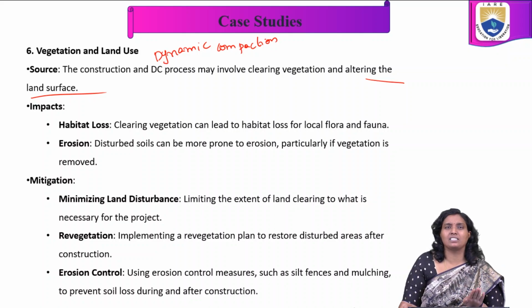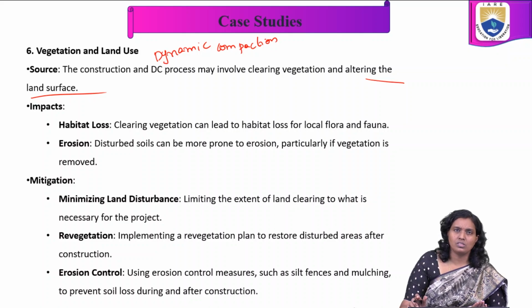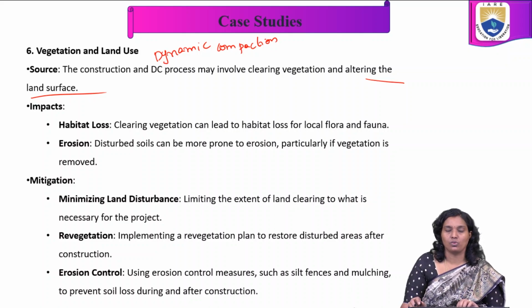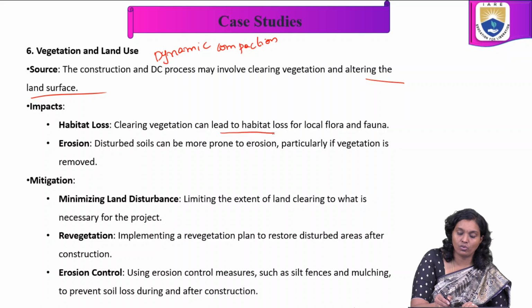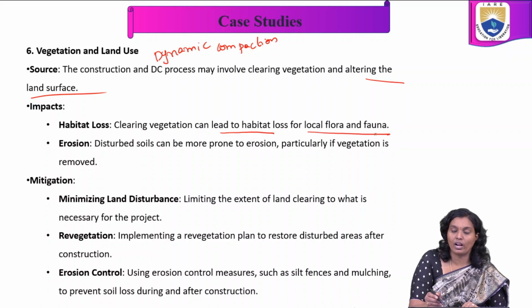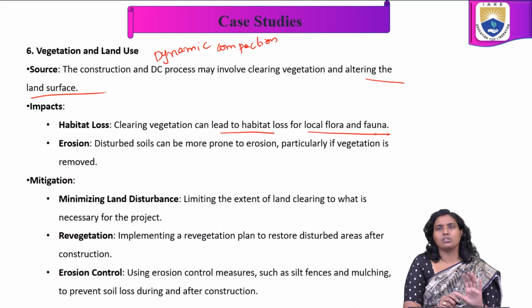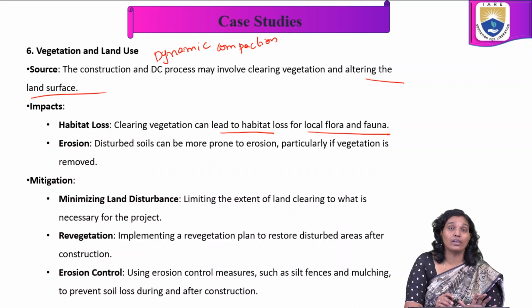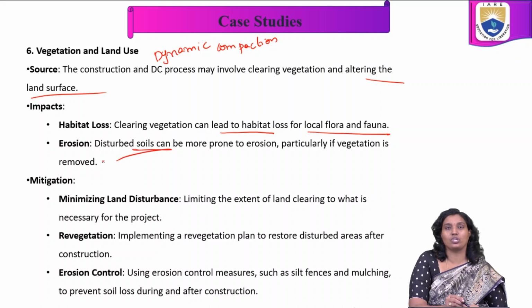So it impacts habitat loss and erosion also. Clearing vegetation can lead to habitat loss for local flora and also causes erosion. Disturbed soils can be more prone to erosion, particularly if vegetation is removed. So it may cause soil erosion also.